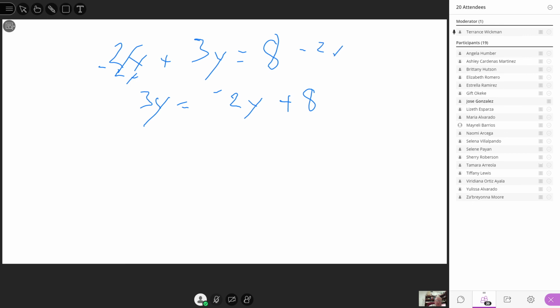Now we've got to divide everything by 3 to get y by itself, so y equals -2/3 x plus 8/3.